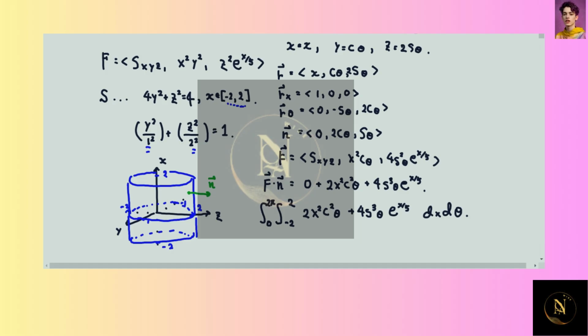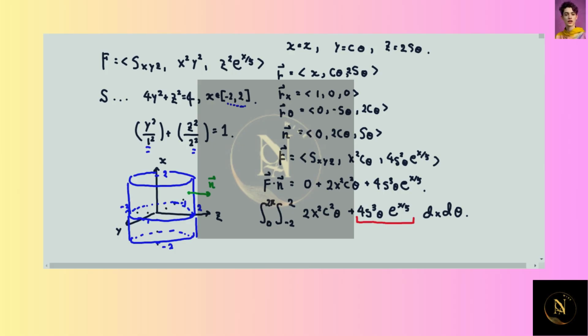Now, if you've done enough of these problems, by now you should realize that whenever you get these kind of expressions, it will always end up being 0. And the reason is sine cubed theta is an odd function. And then we know that we're integrating through the entire revolution. So because of that, we know that the red part that I just marked is just going to equal to 0.